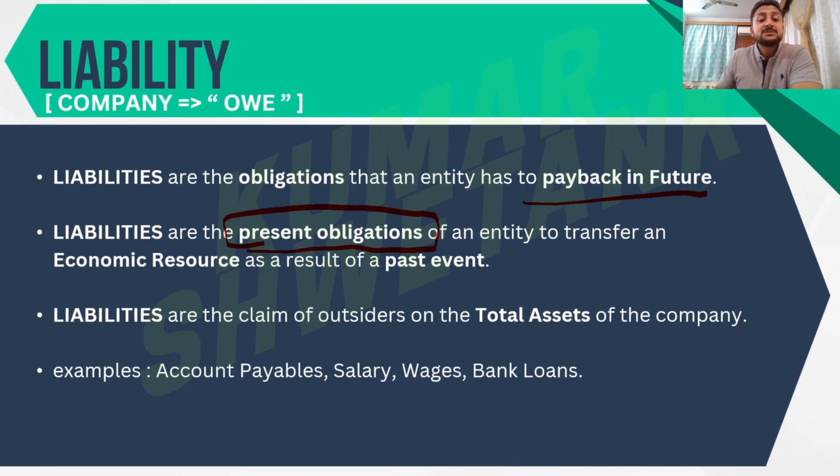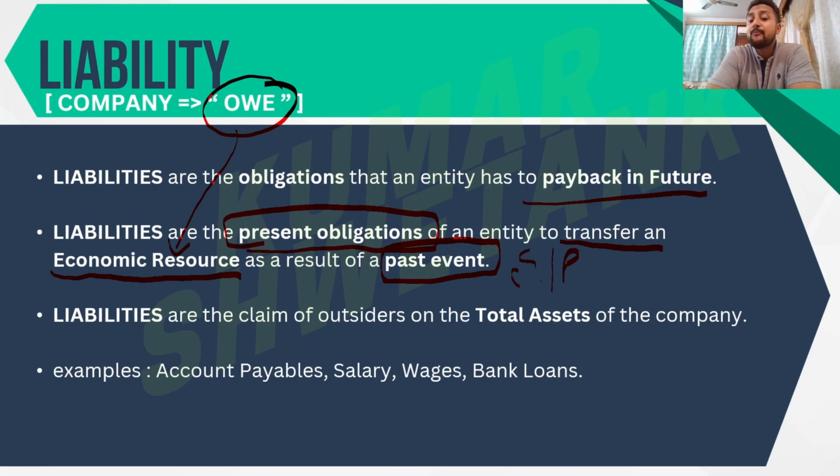In return for this present obligation, a company has to transfer some economic resource, as a result of a past event. Meaning, the service or the product has been provided to you earlier.